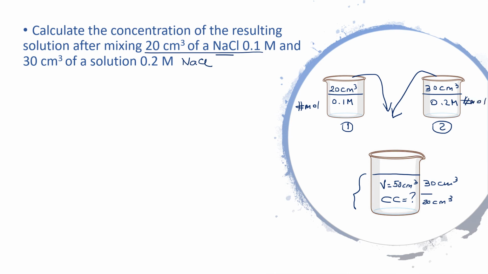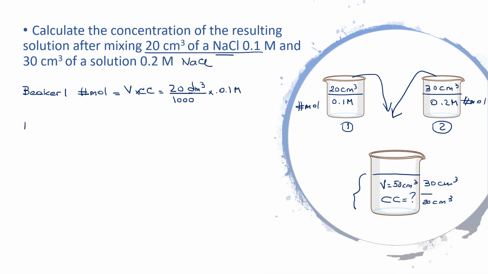So in beaker 1, the number of moles is equal to the volume times the concentration, which is going to be, the volume is 20. Be careful, this has to be divided by 1000, so I have decimeters cube or liters, because the volume has to be in liters, times 0.1 molar.